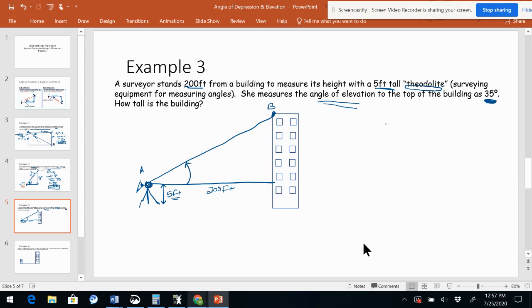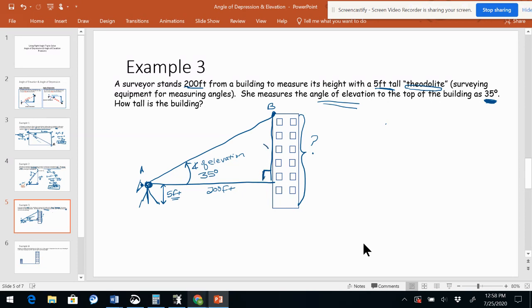So this is my angle of elevation. I'm told this is 35 degrees. How tall is the building? So I want to know the total height of the building. I want to know this total height. Well, if I drop this vertical line down here, I'm going to get my right triangle.